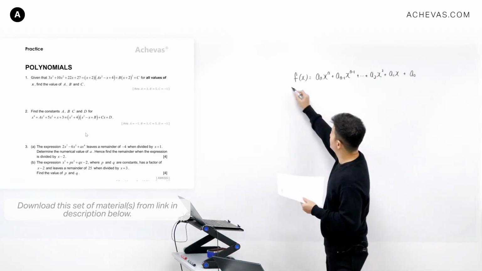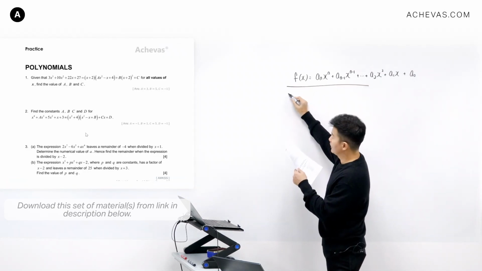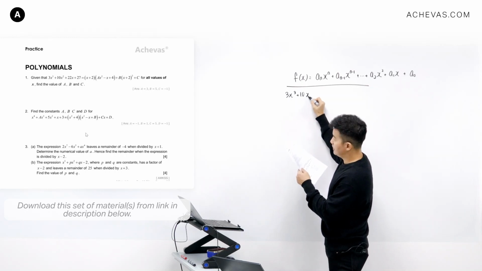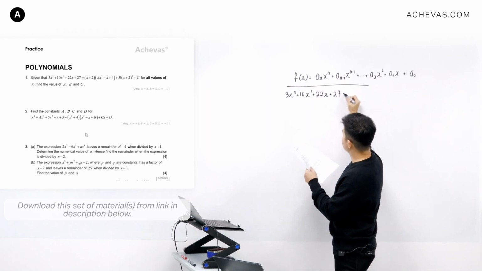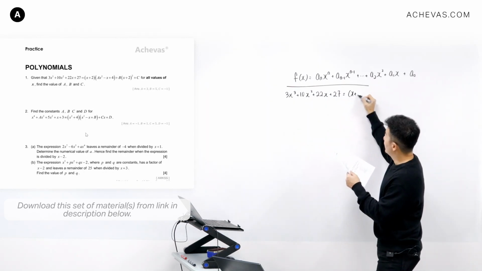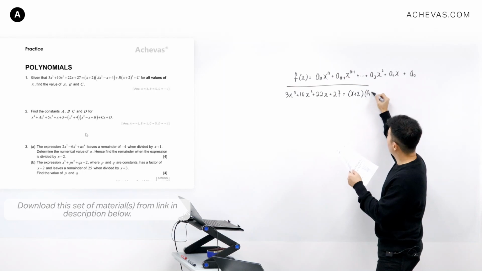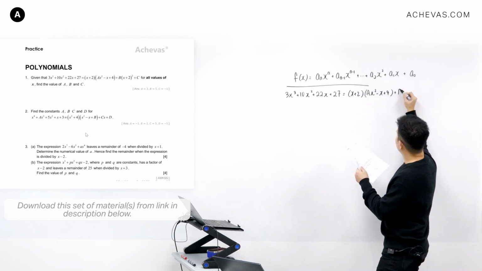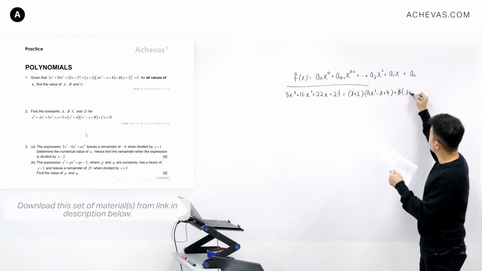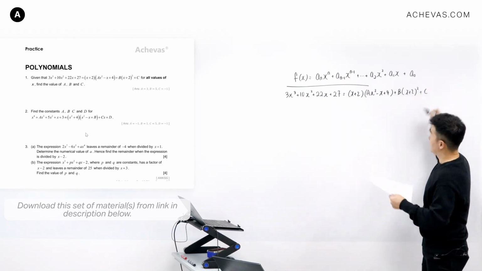Let me write down the question on the board here. So we have 3x to the power of 3 plus 10x squared plus 22x plus 27. This is equal to (x plus 2)(ax squared minus x plus 4) plus b(x plus 2) squared plus c.